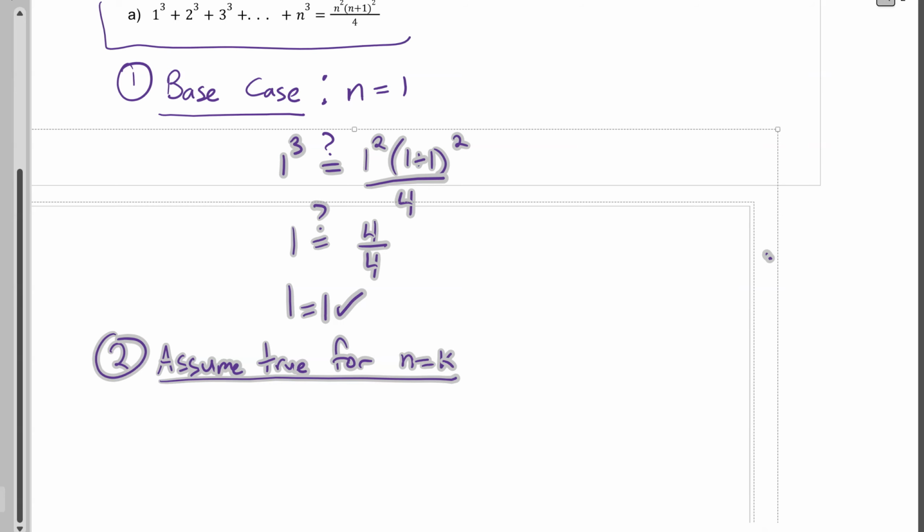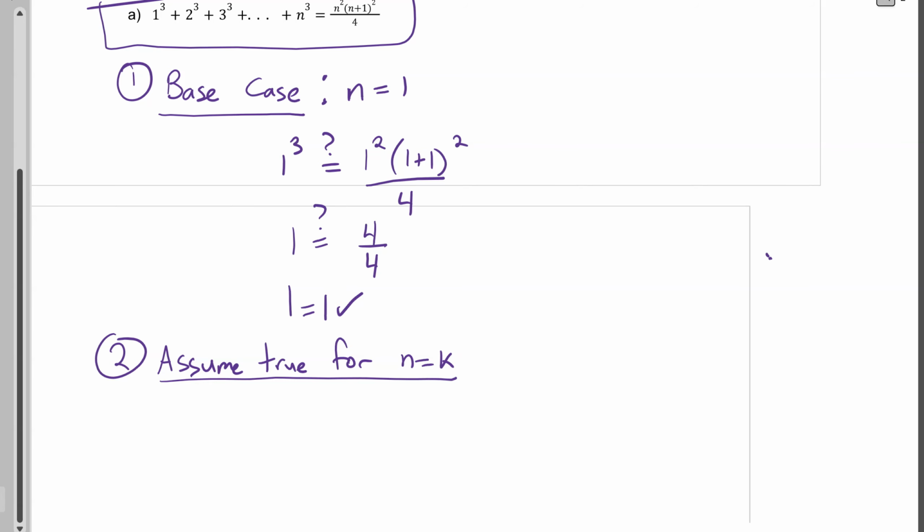So essentially, I'm just going to take this rule, and everywhere there's an n, I'm going to replace that with k. All right, so plus k cubed should equal k squared times k plus 1 squared divided by 4.